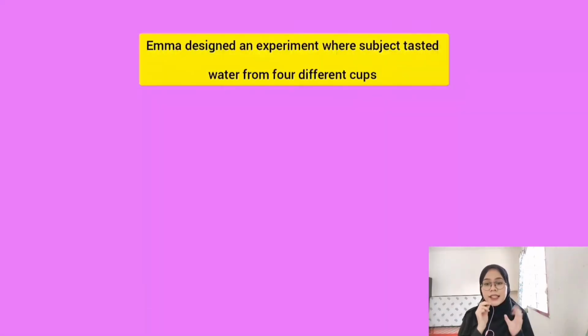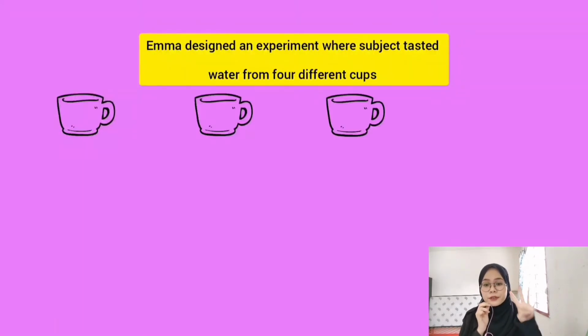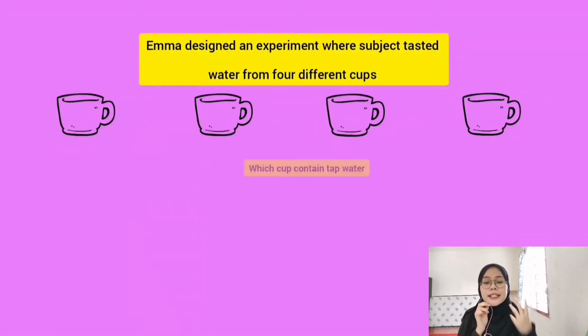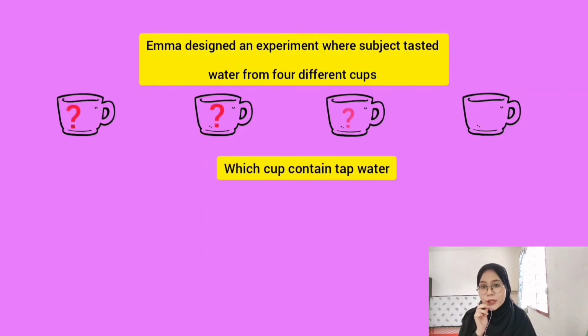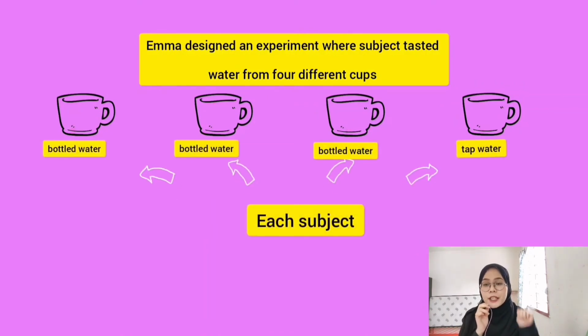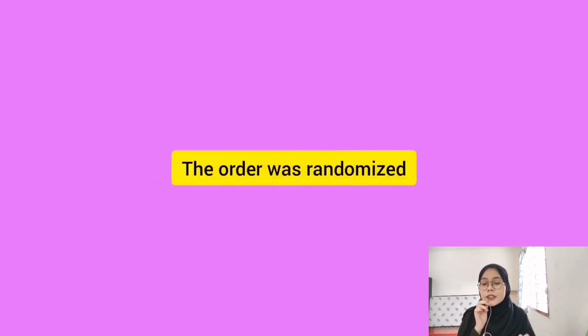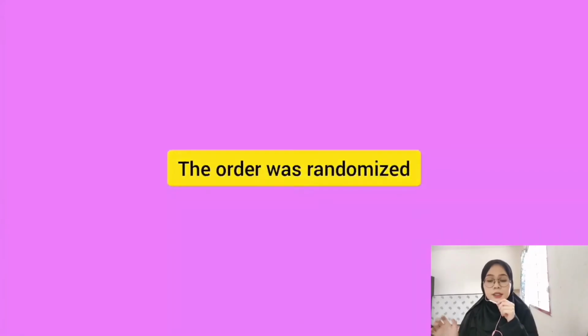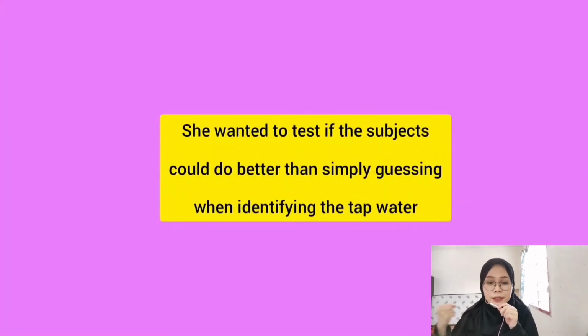Emma designed an experiment where subjects tasted water from 4 different cups and attempted to identify which cup contained the tap water. Each subject was given 3 cups that contained bottled water and 1 cup that contained tap water. The order was randomized. She wanted to test if the subjects could do better than simply guessing when identifying the tap water.